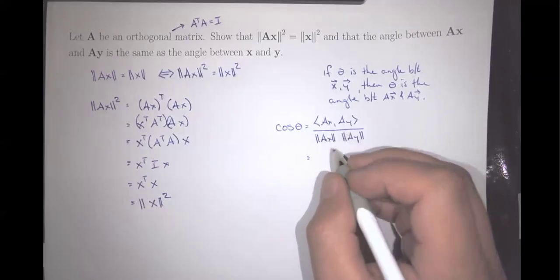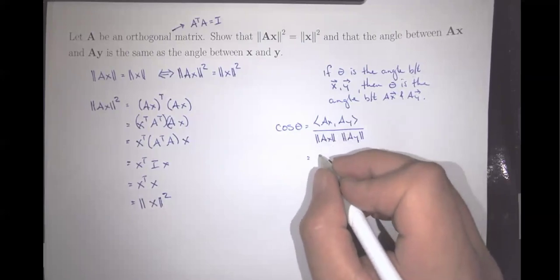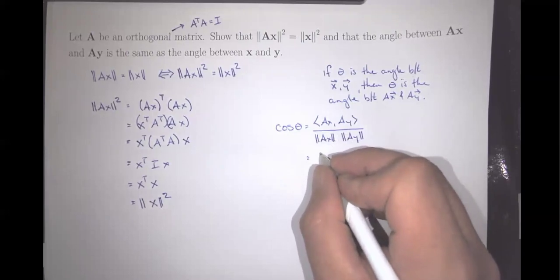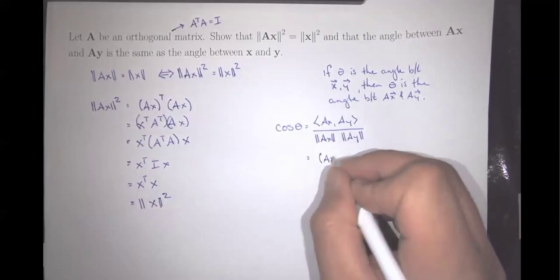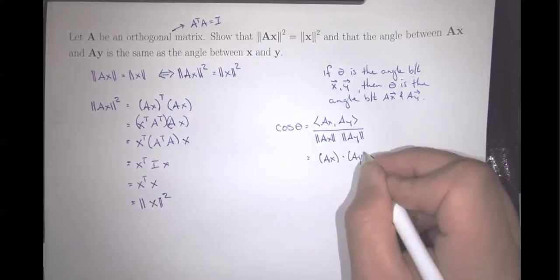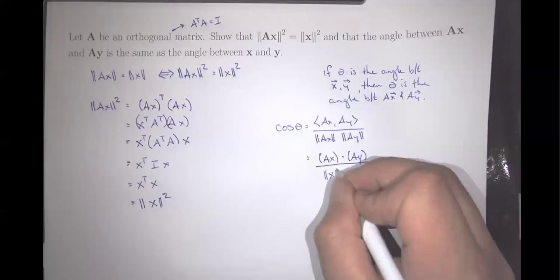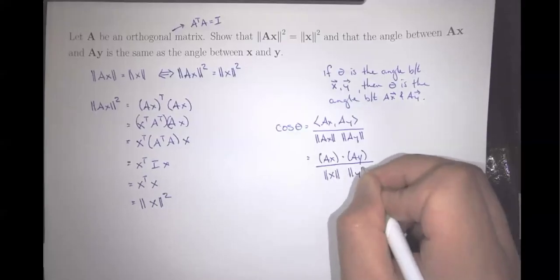And so we can figure out our dot product. So this is AX dotted with AY, over the length of X from property 1, and the length of Y from property 1.